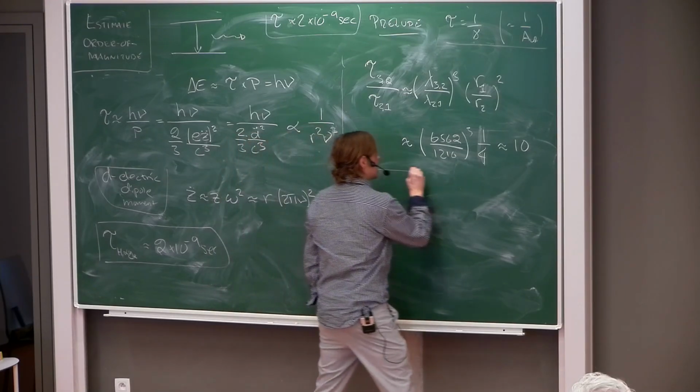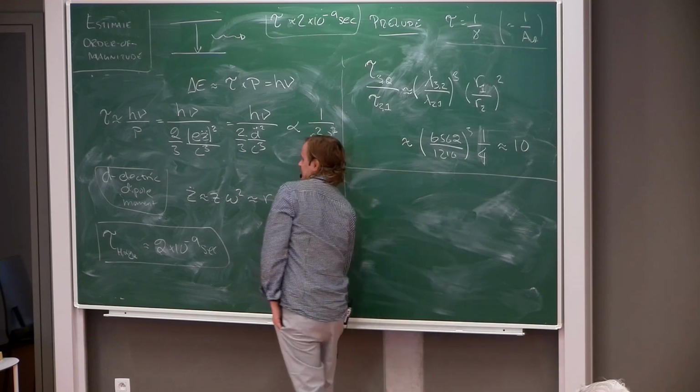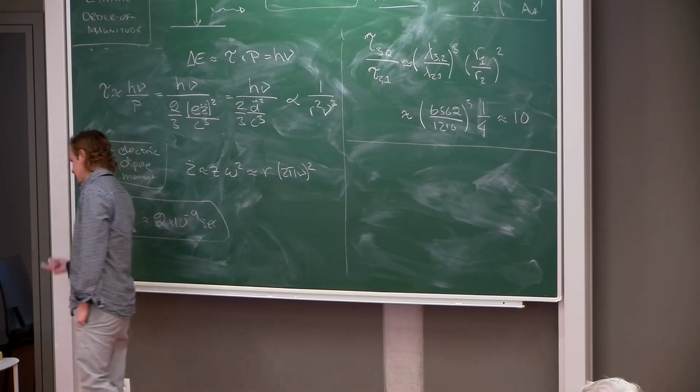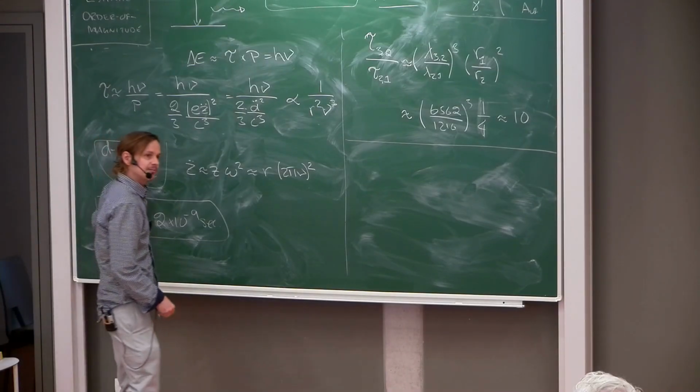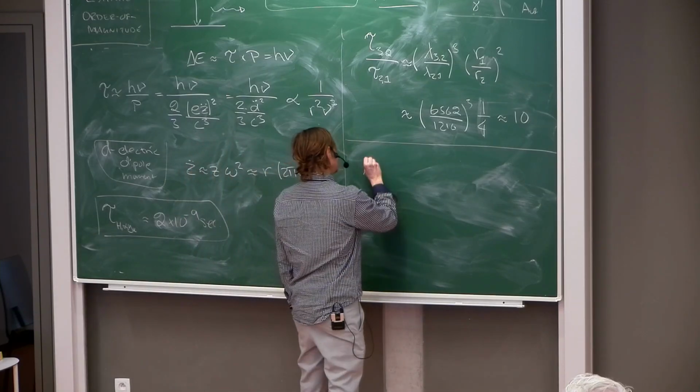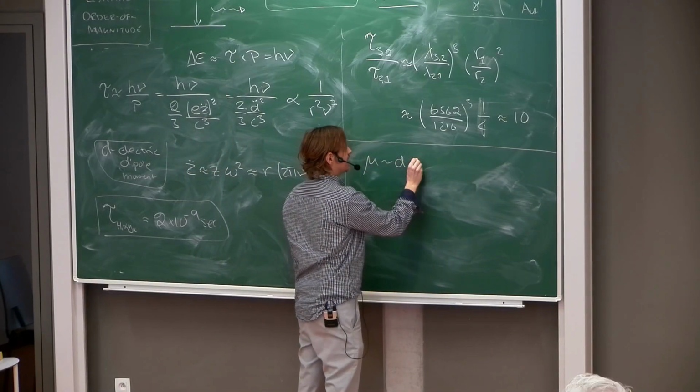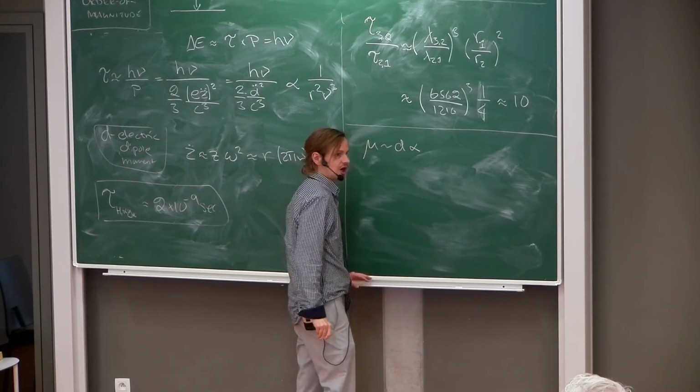But now look at the 21 centimeter line. The thing with the 21 centimeter line is that we have to do another scaling: it's not an electric dipole, it's a magnetic dipole. And the magnetic dipole scales with that times the fine structure constant.